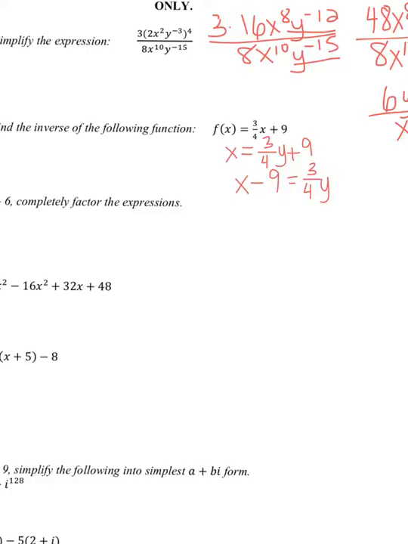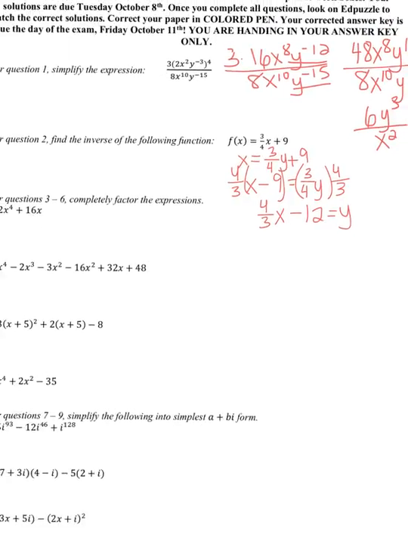And instead of dividing by 3 over 4, to get rid of it, I'm going to multiply by 4 over 3. Don't divide by a fraction, multiply the reciprocal instead. So now I have 4 over 3x. If I multiply negative 9 times 4 over 3, that gives me negative 36 over 3, or just negative 12 equals y.